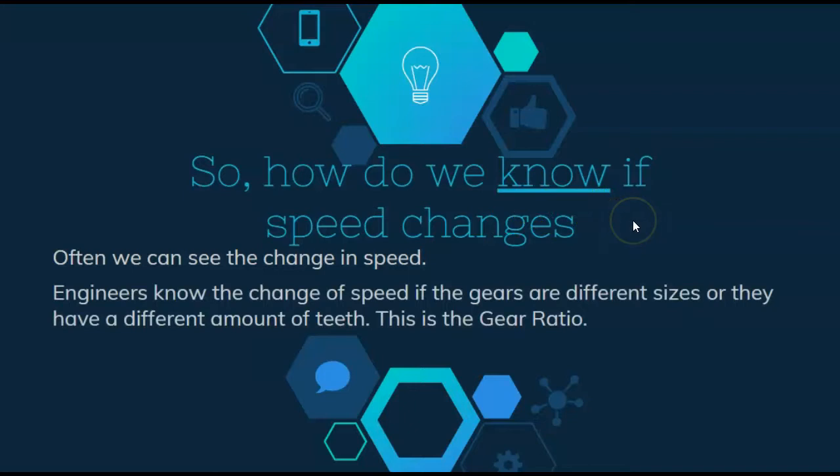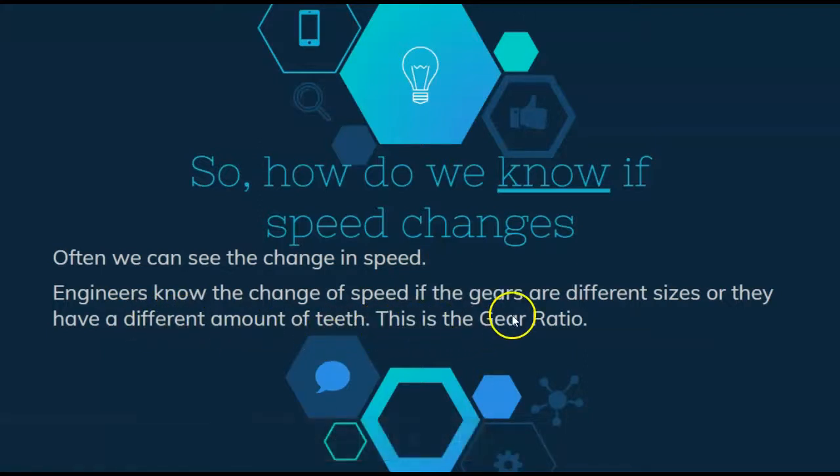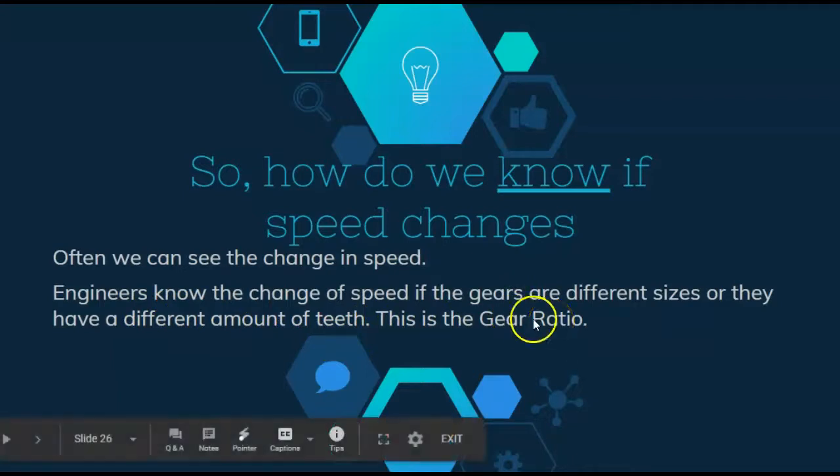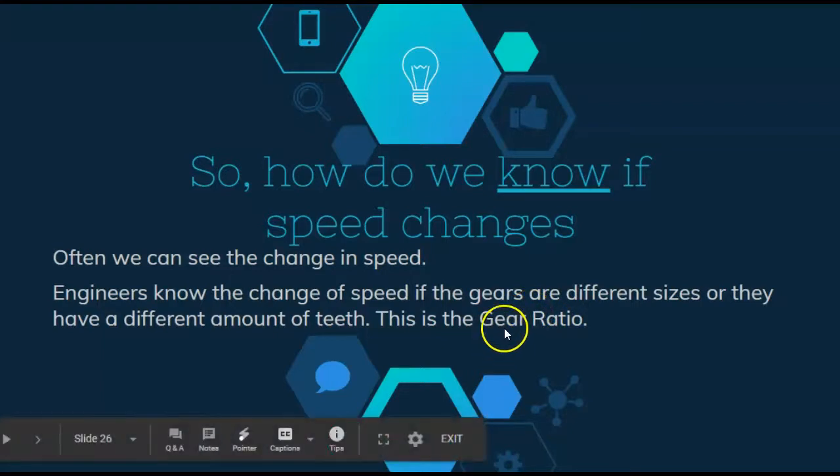Well, engineers know if they're changing the speed of a gear with different gears, but they also are going to plan on different speed changes by the number of teeth that they have. This is what we call a gear ratio. When we're making robots, when engineers are designing vehicles, they are always planning the gear ratio that they desire.